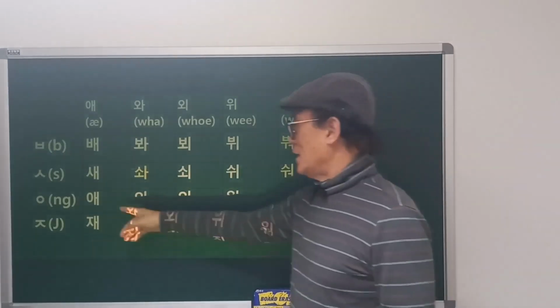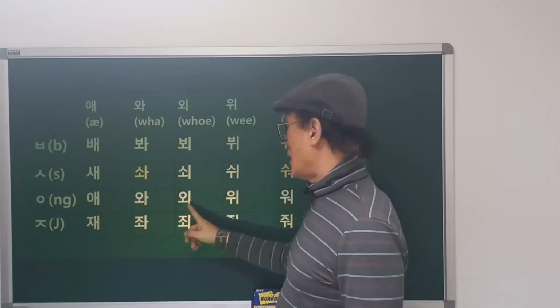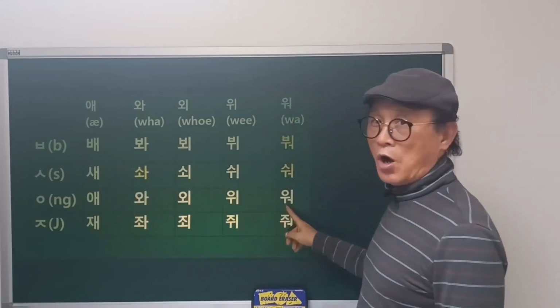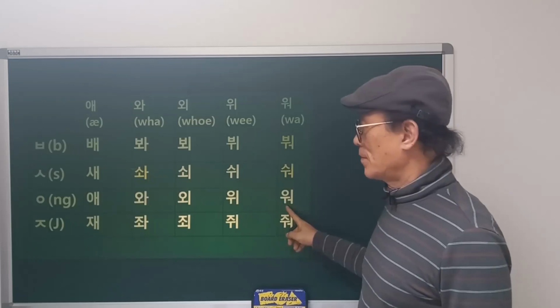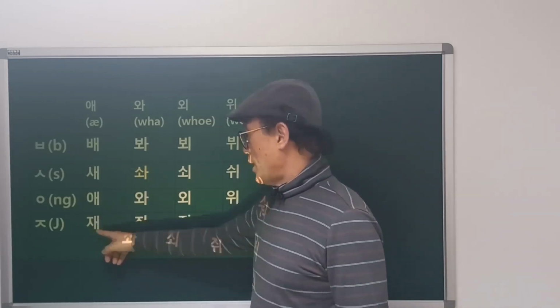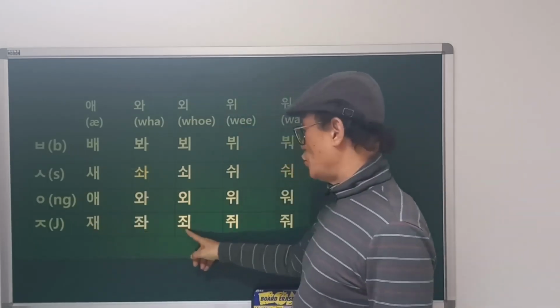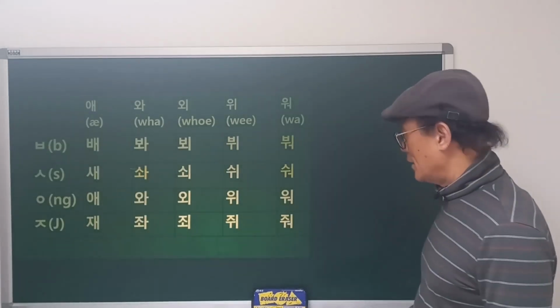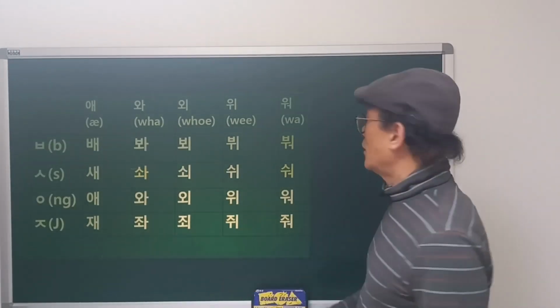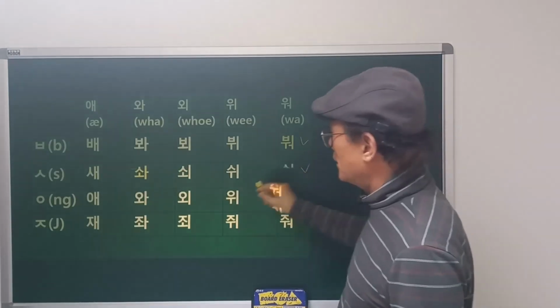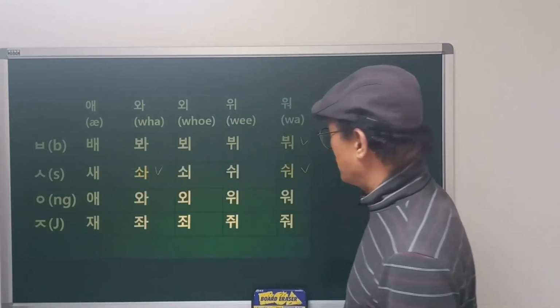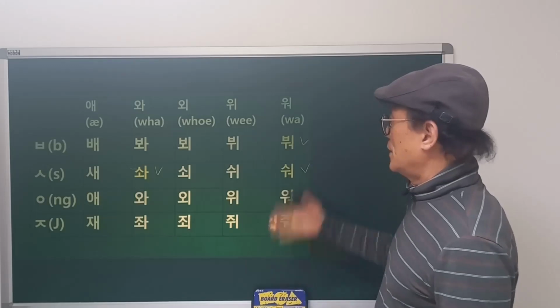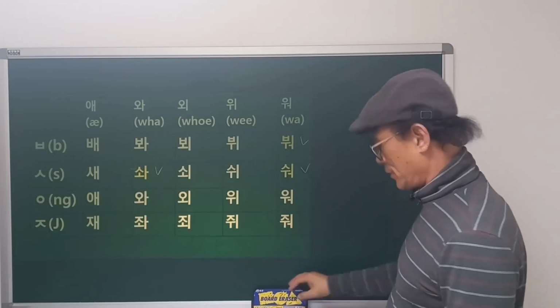Like that. 에, 와, 에, 위, 워. 제, 좌, 죄, 쥐, 줘. Okay. As I said, the yellow font, this one, and then this one, yeah, it's rarely used. It's hard to pronounce, of course.